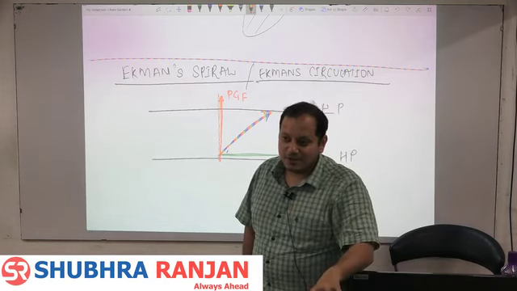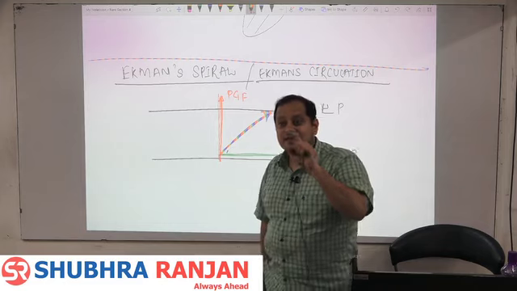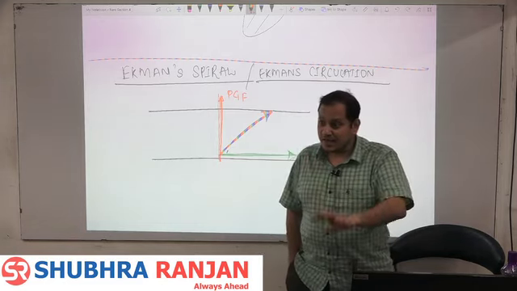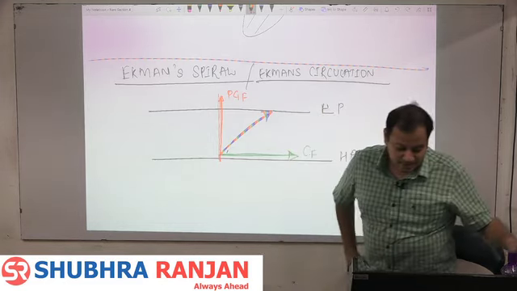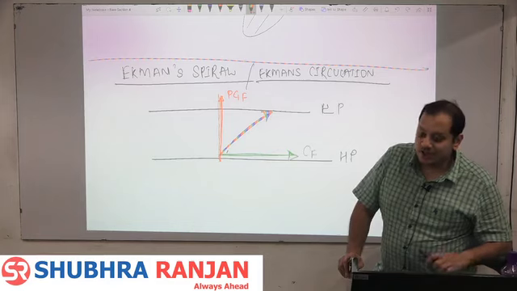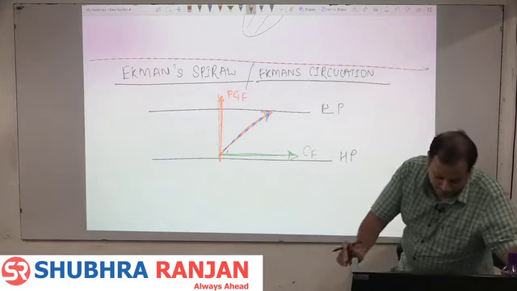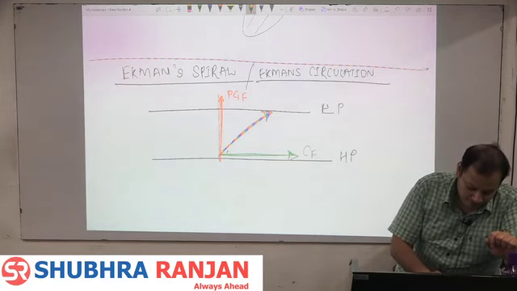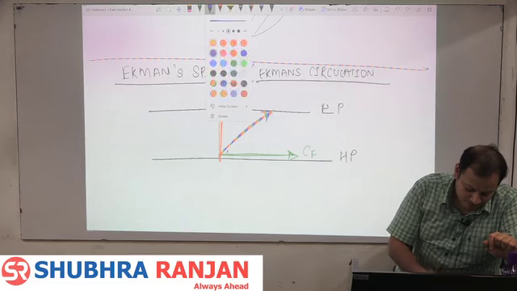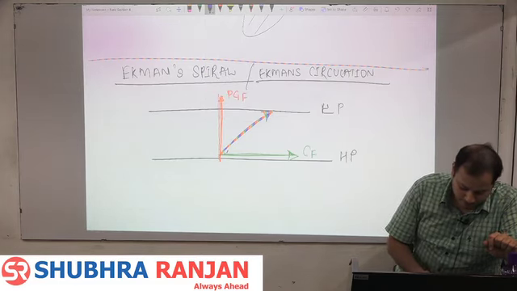And as a result, at some places, not always, generally ocean currents flow more or less perpendicular to the wind direction.